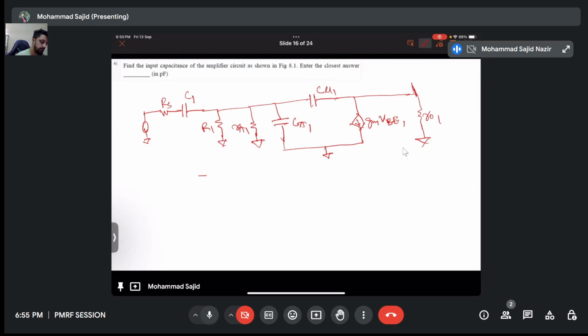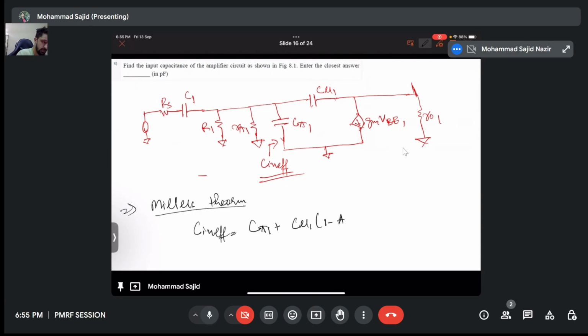So my input capacitance is this. This is my effective input capacitance. And for the question to solve, we use Miller's theorem. I didn't draw the cascoded answer because we don't need that here. So from Miller's theorem, total input capacitance will be C pi 1 plus C mu 1 times (1 minus AV1).